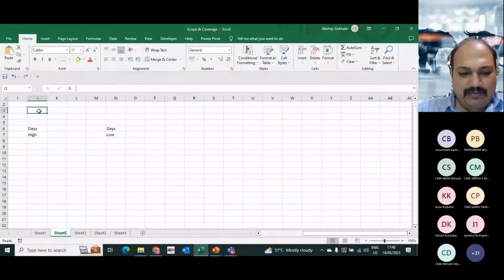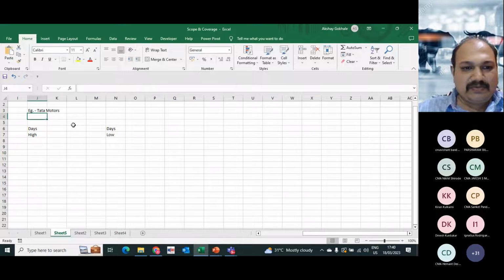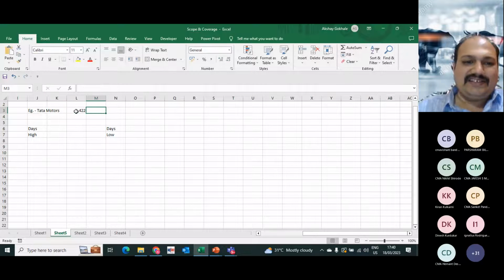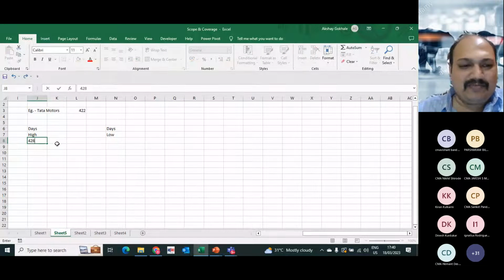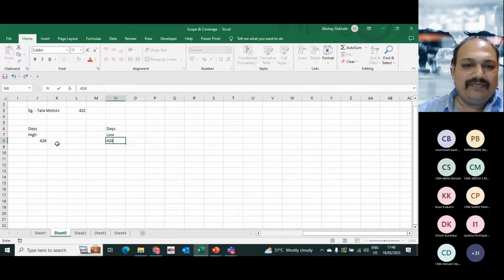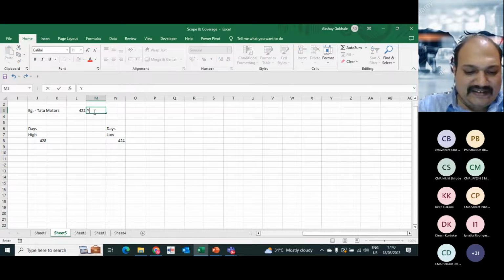For example, suppose Tata Motors is running at 422 right now. This is the opening price. Say its today's high is 428 and its today's low is 424. 422 is my yesterday's closing price.